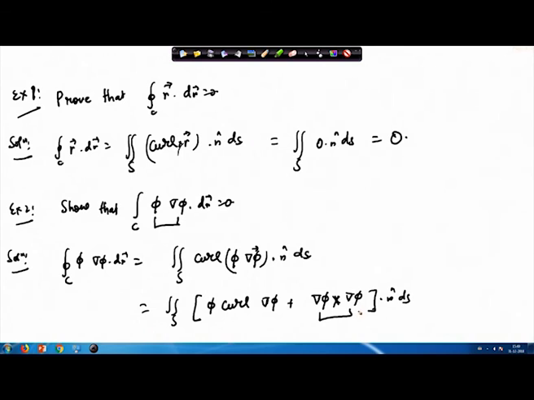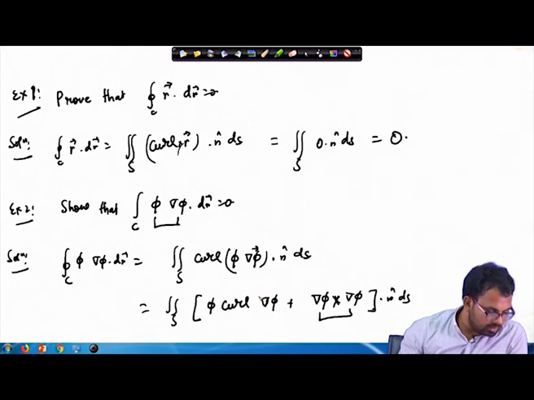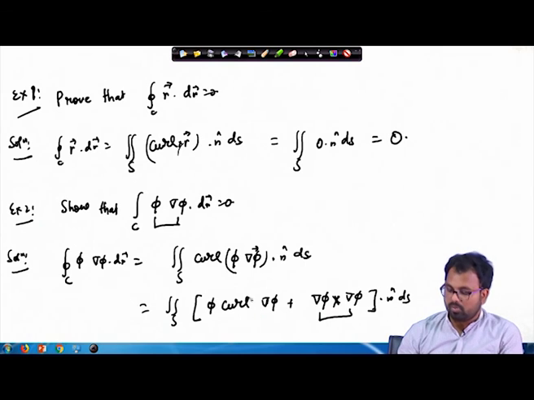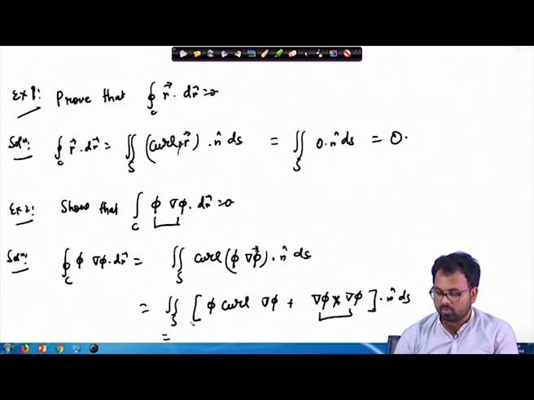Now gradient of phi cross gradient of phi is basically 0 because a cross a is 0, and phi times curl of gradient of phi is also 0 by definition. So, the integrand is 0.